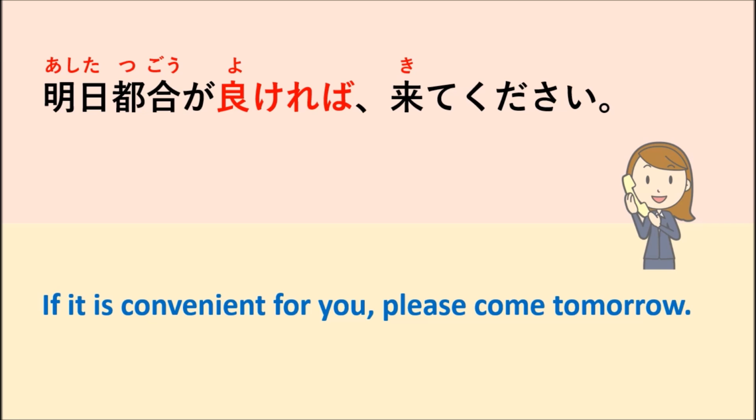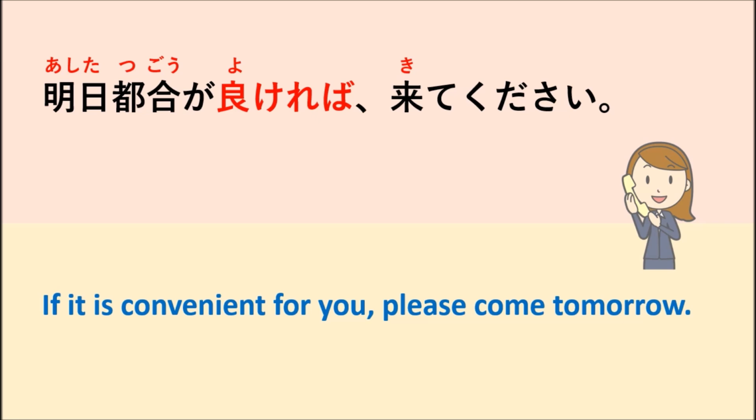So these are adjectives that end with i. Everything that ends with i, when you want to change to the ba form, you just cut out the i and put kereba. Here you have yoi; when changed to the ba form, yo kereba. Another example is nai. When you want to change to kereba form, you say nakereba.